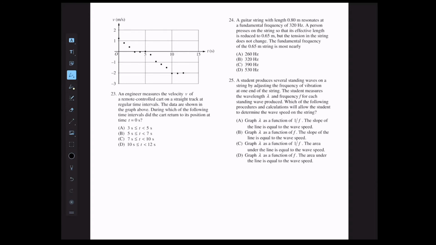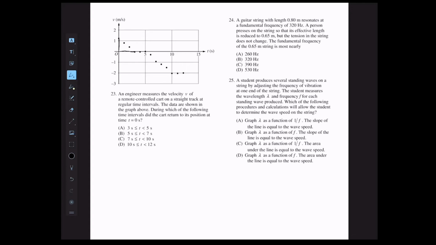This is a velocity-time graph. At which of the following time intervals does it return to its position? The area under a velocity-time graph is displacement. So when the net area under the curve is 0, that means the displacement is 0, and it returns to its position at t equals 0.